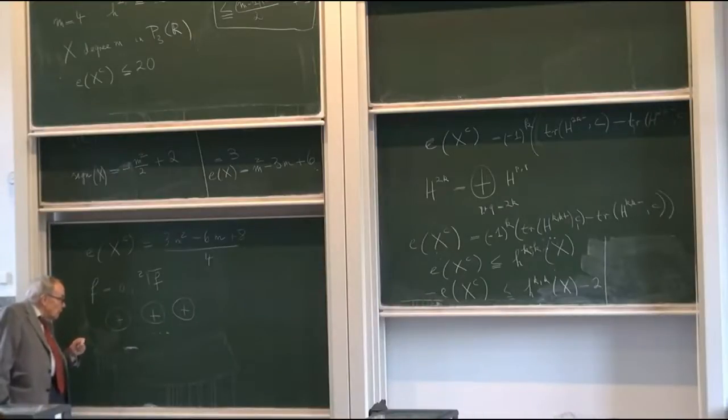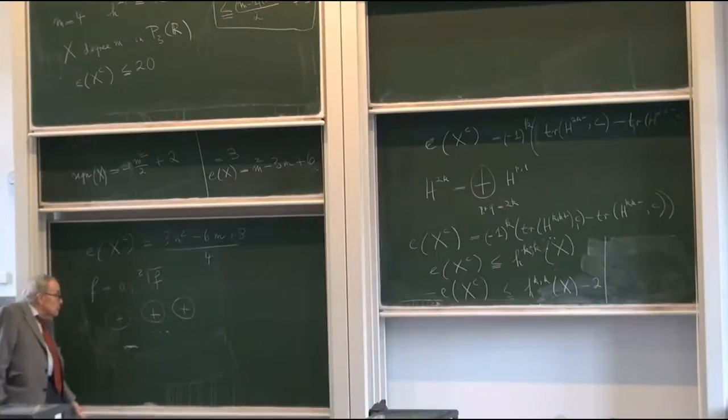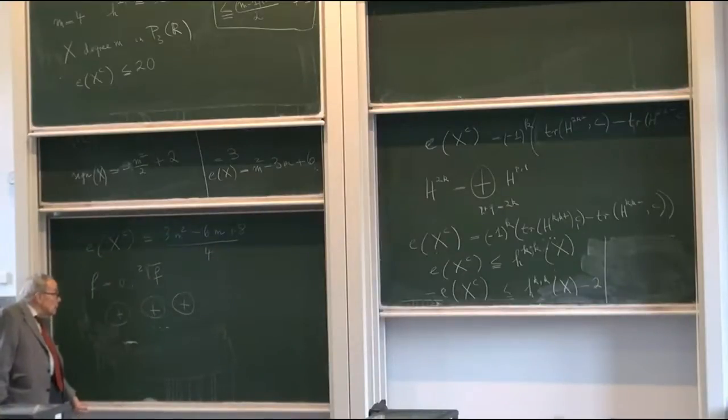So if we have ovals separate to each other, then the number of such separate ovals times 2 is the Euler number of XC. So let us calculate this for m equal 6, because this is the interesting case.